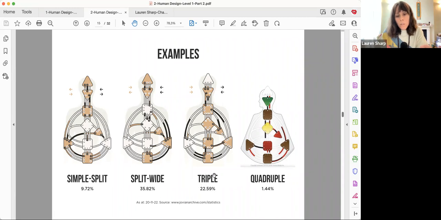Now, from the data that's been gathered and the experiences of individuals who've spoken about being triple split, a lot of them feel that it's harder to bridge a triple. You have to find someone who has all those gates in order to bridge, so that you feel complete in the relationship.